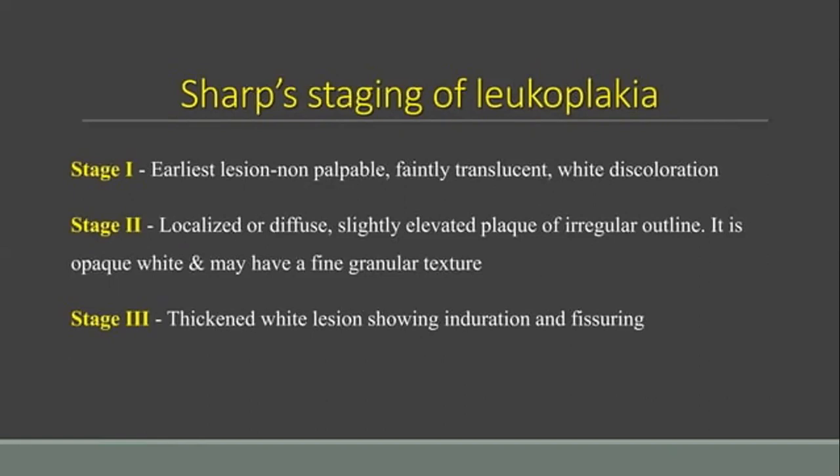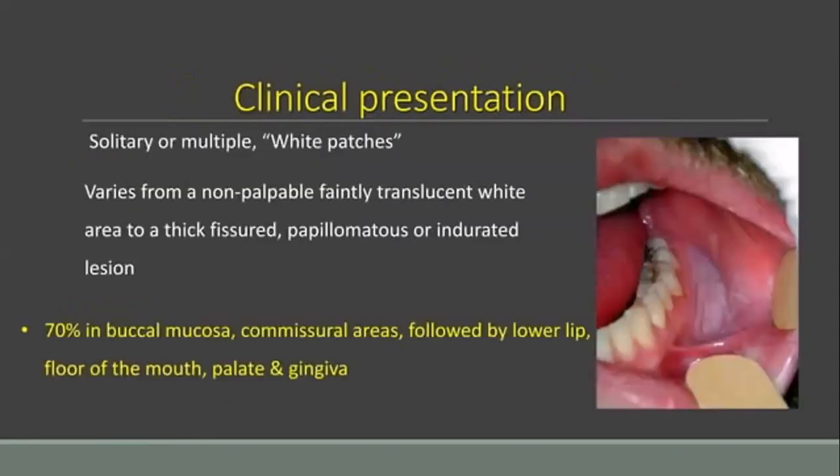In stage two, it is mostly localized or diffuse, a slightly elevated plaque of irregular outline. It is opaque, white, and may have a fine granular texture. In stage three, it is a thickened white lesion showing induration and fissuring.